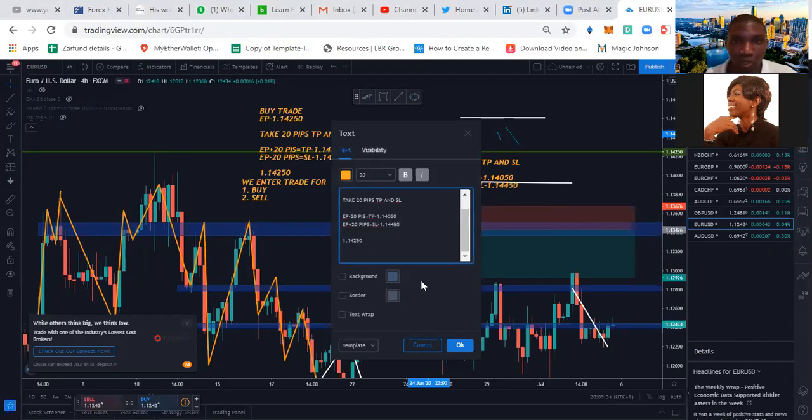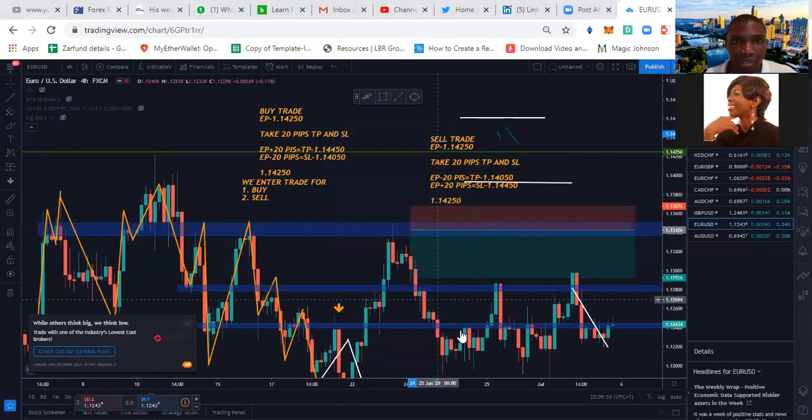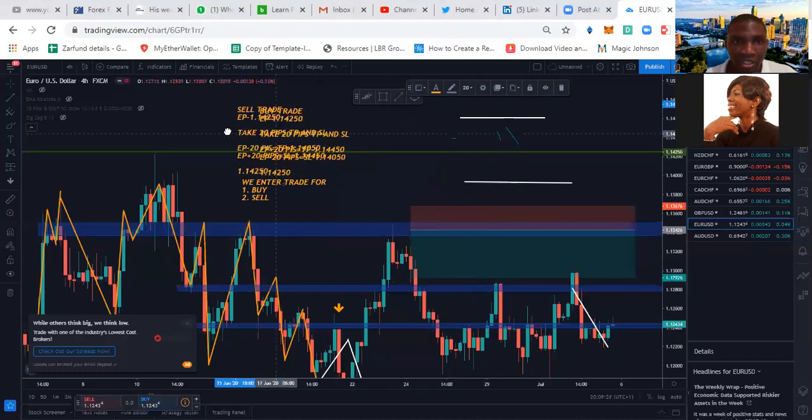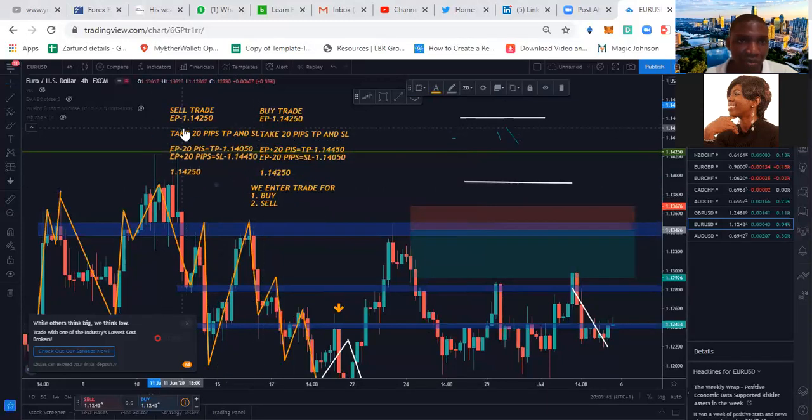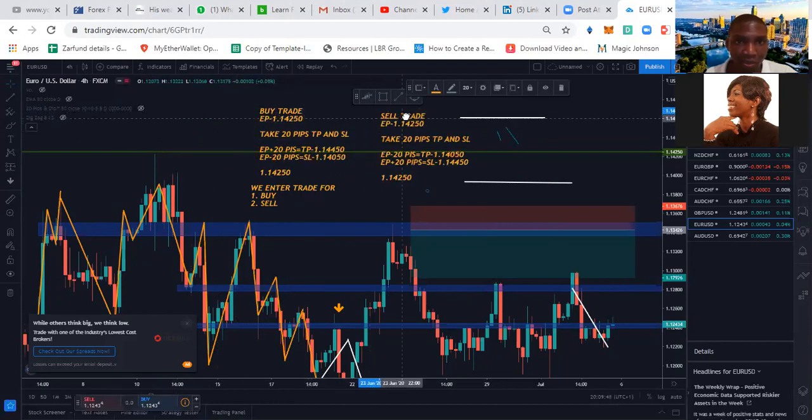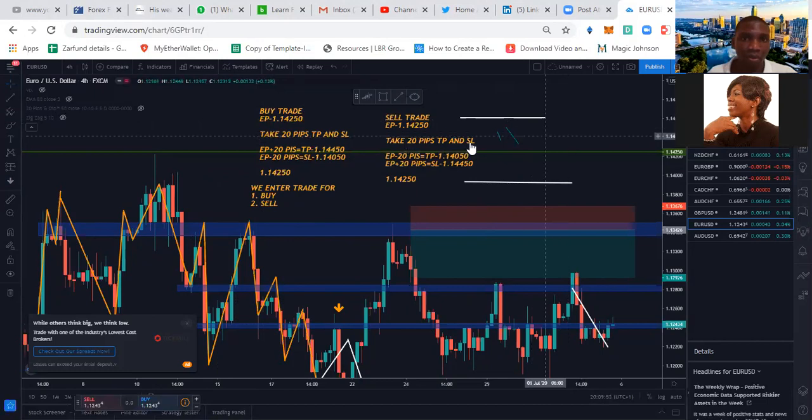Okay, so this is now the take profit and stop loss for our sell trade. This is take profit and stop loss for our buy trade. This is stop loss and take profit for our sell trade. Okay, so this is what it is now.